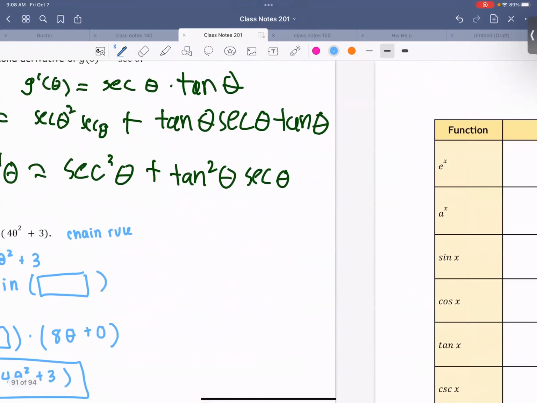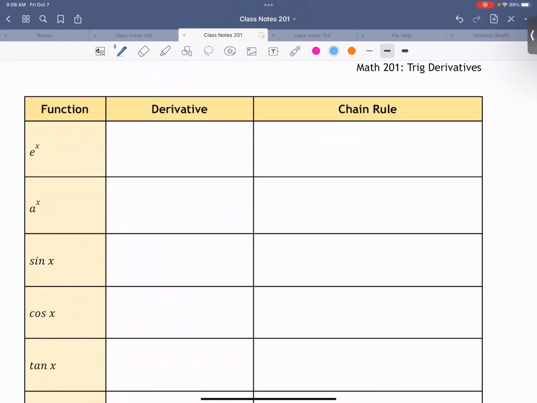Okay, you're welcome. Okay, as we go on, we're going to see a lot of different types of derivatives, and a lot of different functions. Now, what I want to do is consolidate all our derivatives into one place so that you're going to be able to go back and find these later on if you're ever confused and want to look up a derivative.